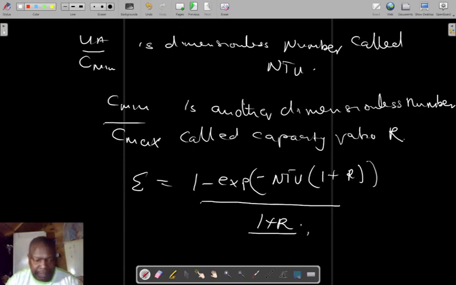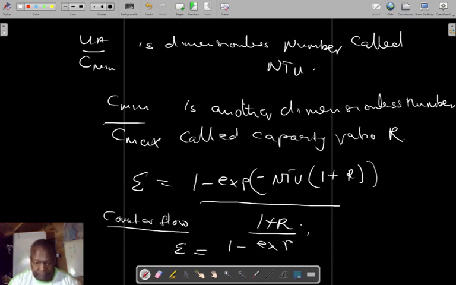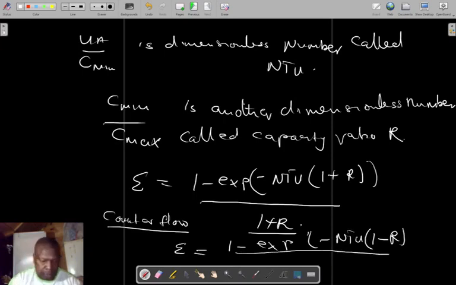Now if we repeat the same procedure for a counterflow, you'll get our epsilon equal to 1 minus exponential of -NTU (1 - R), divided by 1 minus R exponential of -NTU (1 - R).